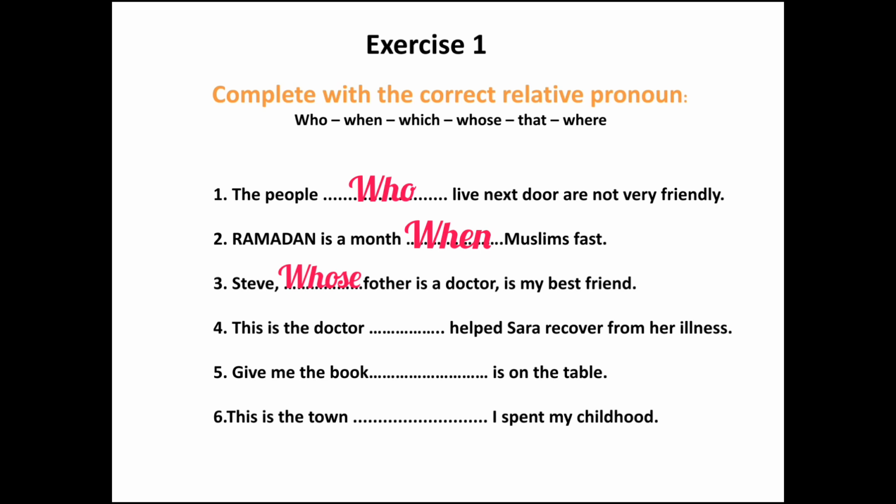This is the doctor who helped Sarah recover from her illness. Give me the book which is on the table. The last sentence: this is the town. So town is a place; we say town, village, city. So this is the town where I spent my childhood.